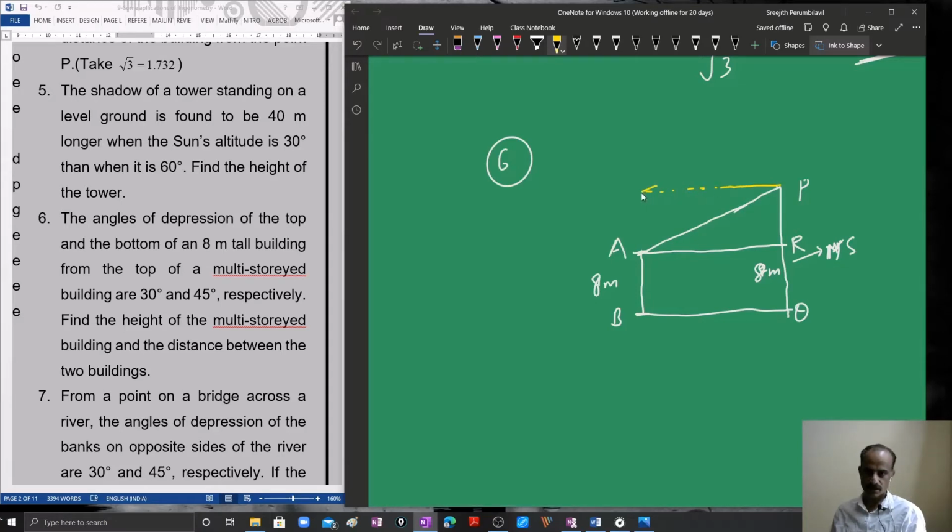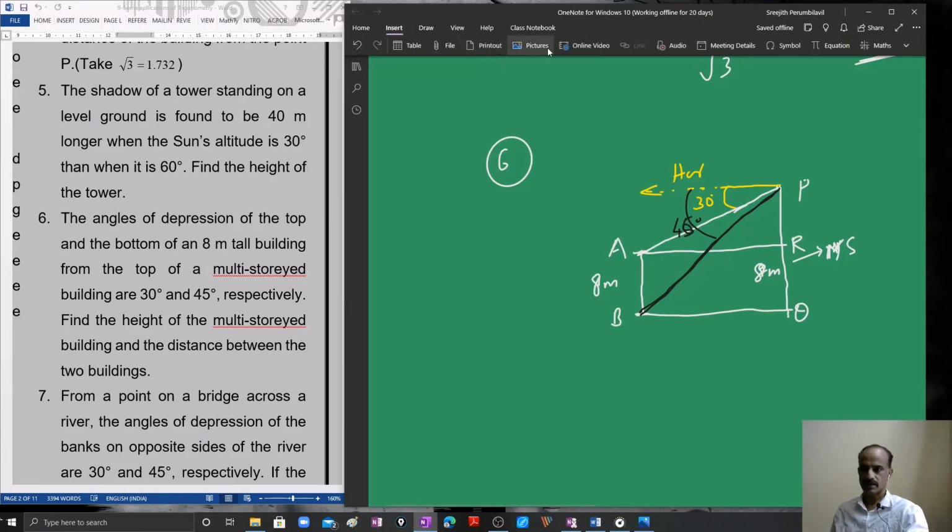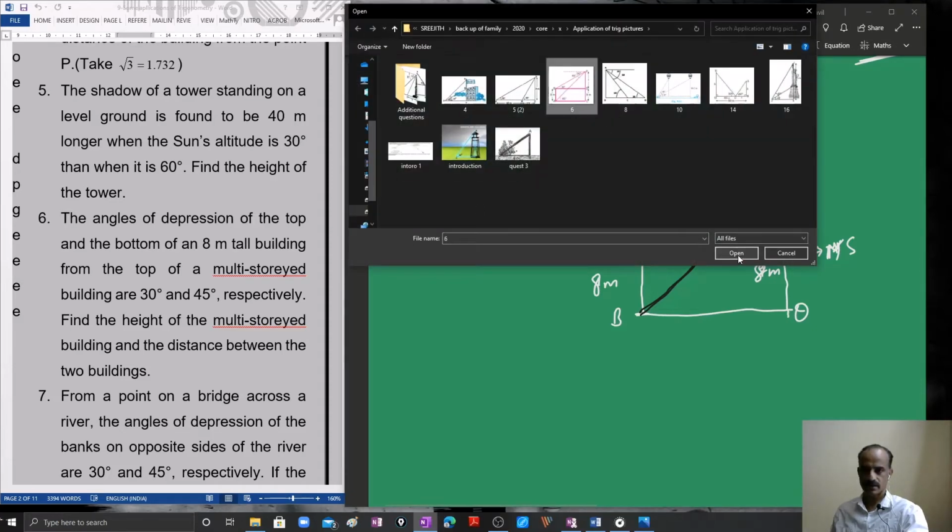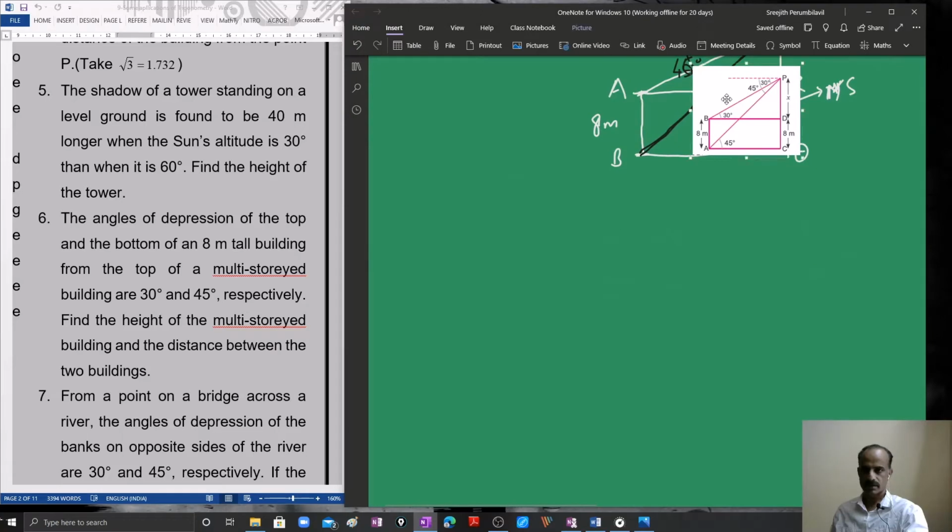This is the horizontal. This is the angle of depression, that means 30 degrees. Now, the angle of depression of the bottom is larger, that is 45 degrees. This is the situation. Now let us put up the correct, exact figure for that. Look at this.